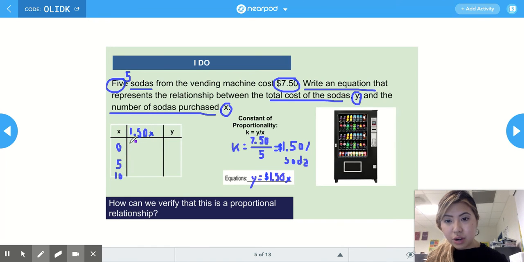So when x is 0, we're multiplying $1.50 by 0, and that gives us 0. When x is 5, we're multiplying 1.50 by 5, and that gives us 7.50.